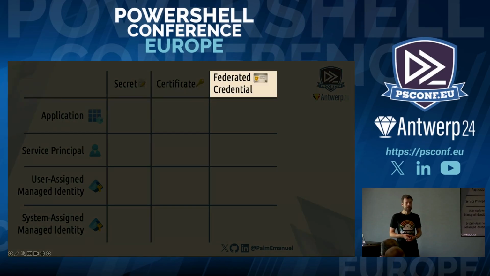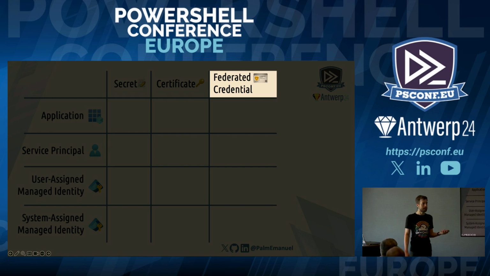And then finally, something that's very fun, a new-ish yet somewhat old credential type, which is called Federated Credential. This is sometimes called a workload identity or workload identity federation, which is really more the pattern of using this type of credential.